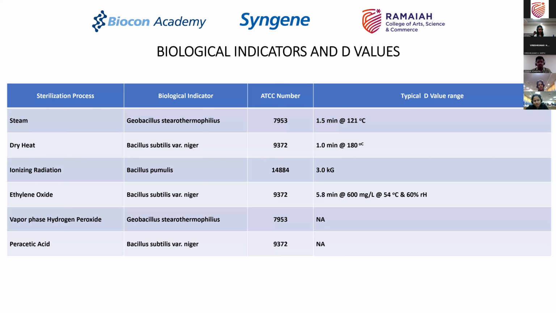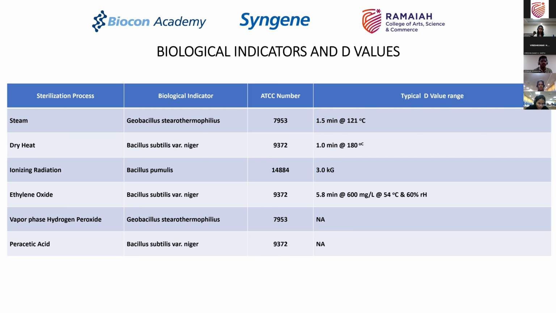The ATCC number for that is 7953, and the typical D value ranges from 1.5 minutes to sometimes even 3 minutes at 121 degrees centigrade, depending on the type of steam and the type of media in which you are exposing this. Dry heat is normally Bacillus subtilis variant Niger 9372, also something which is used for peracetic acid, and the typical D value in dry heat is 1 minute at 180 degrees centigrade.